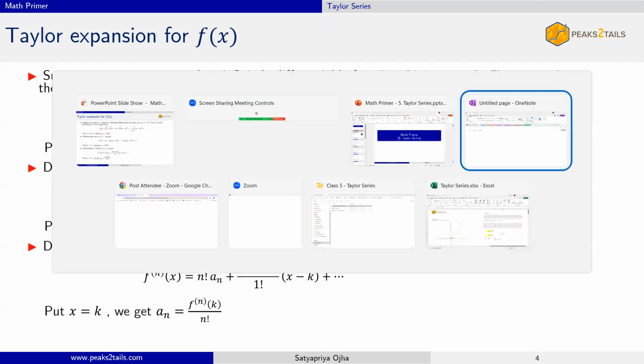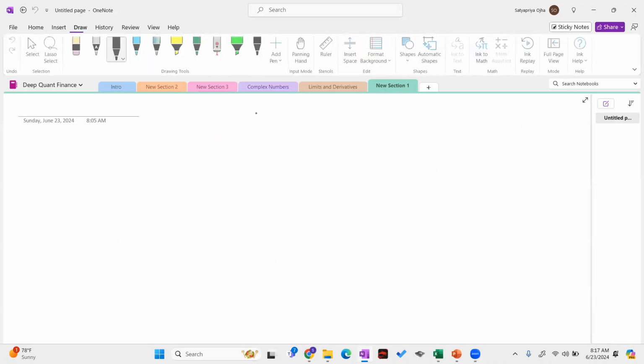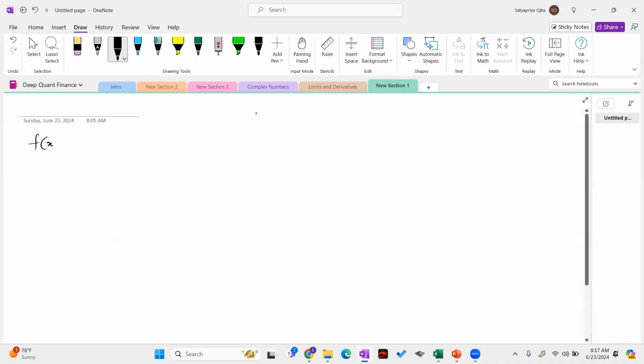Let me not show you everything. So we start with this formulation: constant term, linear term coefficient times x minus k, then a2 times x minus k square, plus plus plus. The nth term would be an times x minus k whole to the power n, and it goes on. Our objective is to find out the coefficients.